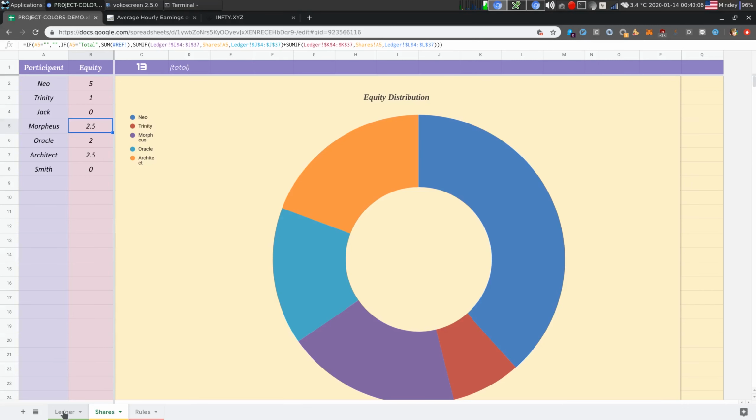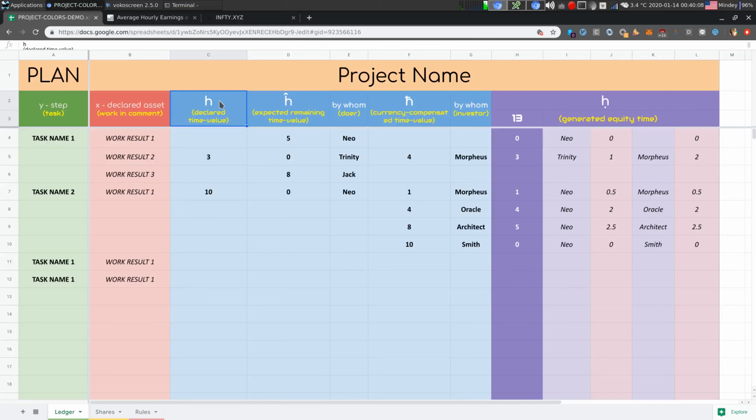and to generate the actual share distribution. And by the way, what is the H hat, H bar, and H dot? These are just symbols coming from mathematics. In mathematics and statistics, we use the hat for estimates of values.